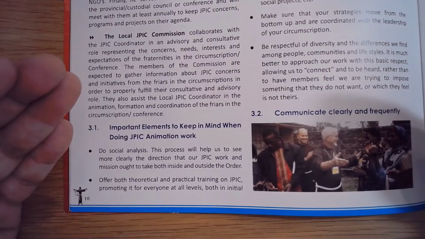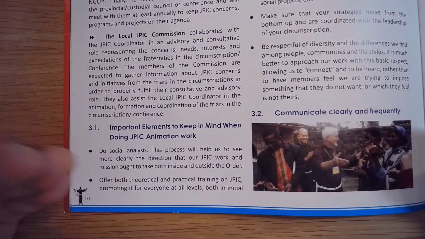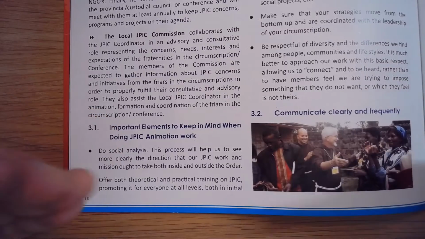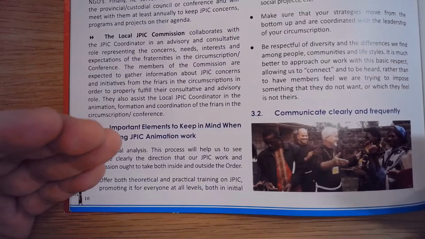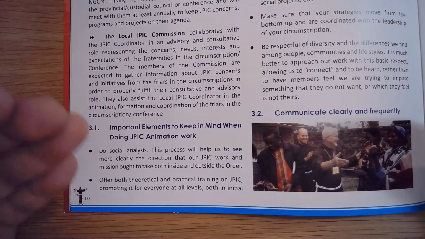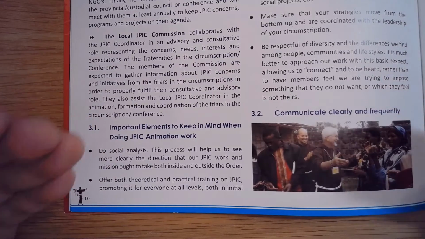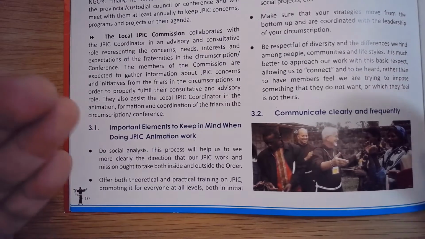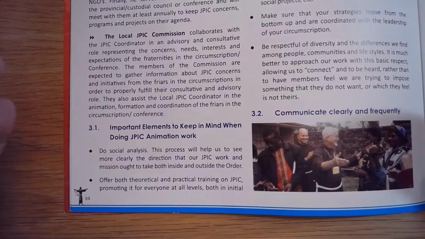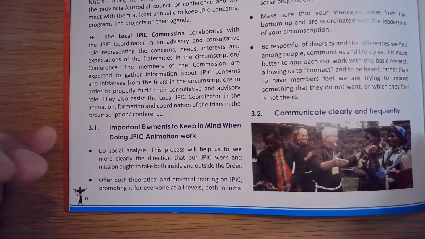When you know what the community truly needs and what the community plans to do in order to achieve it, then you can be an effective JPIC animator and JPIC worker, because you are really addressing the needs of the community that you are encountering.